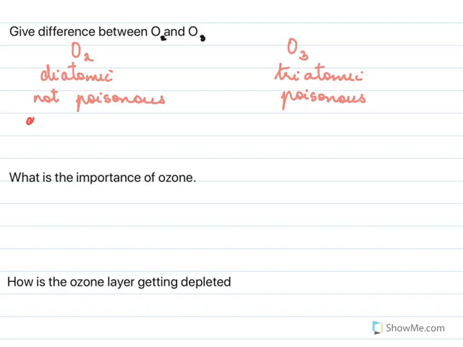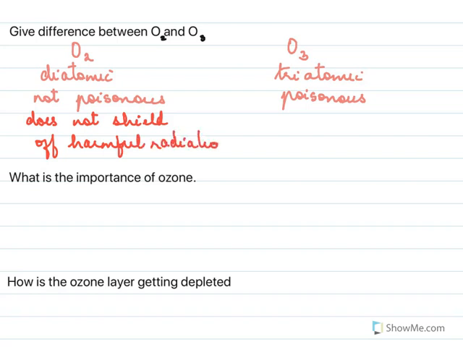Oxygen does not shield off the harmful radiations of the sun, it is unable to do it. Ozone shields off harmful radiations.